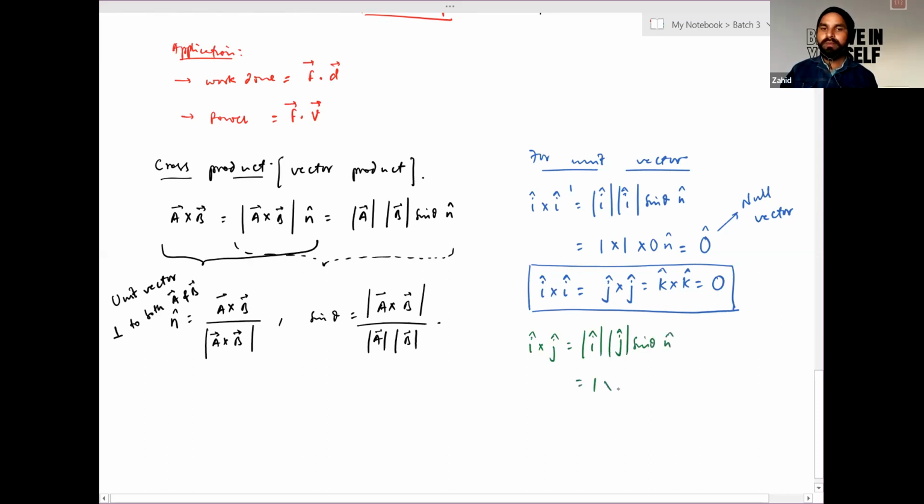So it is 1 and 1. The x-axis and y-axis are perpendicular, so theta is 90, and sine 90 is 1 times n cap. So there should be a unit vector perpendicular to both x and y, which is along the z-axis, that is k cap. I'm showing how I got this result.